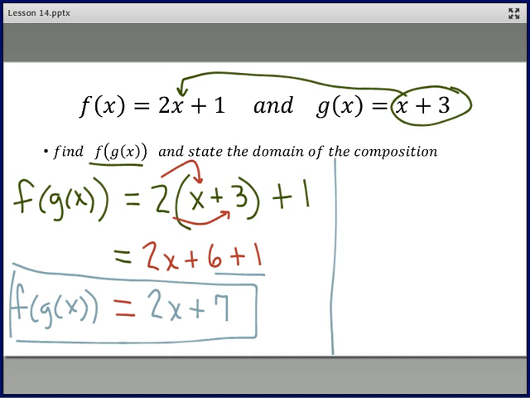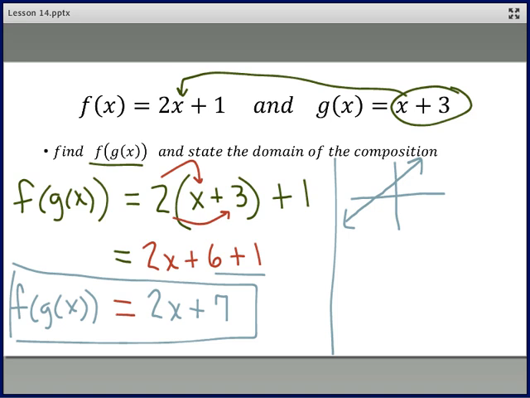Now the domain tells you what x values you can use in the function. So now in this case, and you can always use your graphing calculator to kind of help you out here. If you were to put that function into your graphing calculator, you would find it's a linear equation. That's kind of a quick sketch.